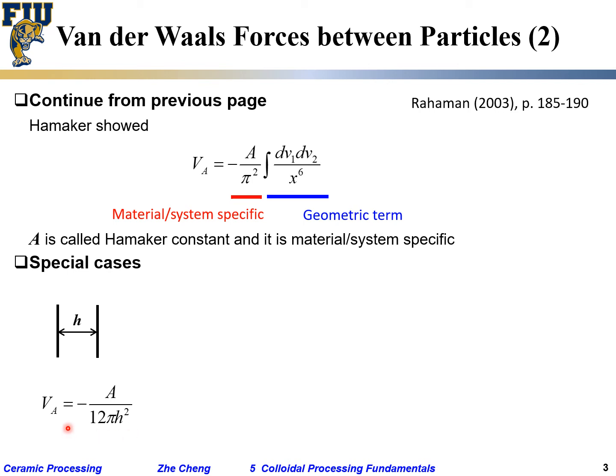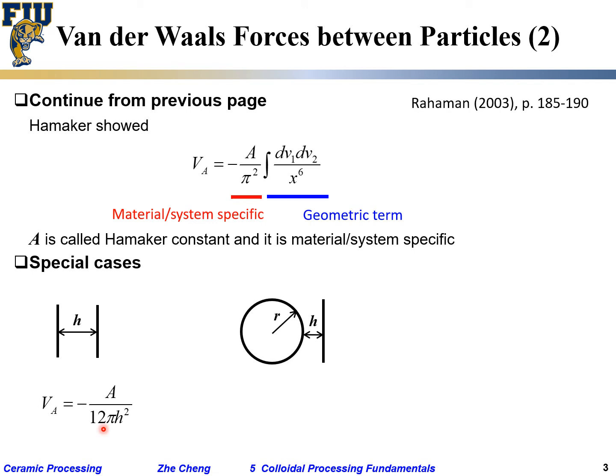Of course, in this case, it would be potential energy per unit area. Make sense? It will be per unit area because depending on how large I go up and down, the total potential energy, of course, will be different, right? So as a result, this is A over h to the power of 2 per unit area in this case.